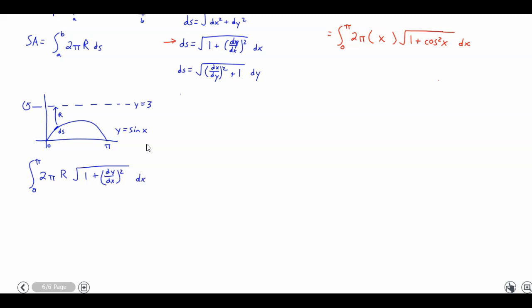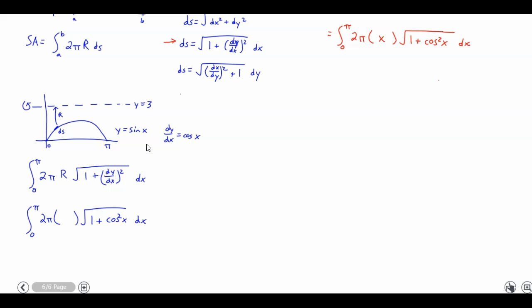All right, so that dy over dx I can replace with the same thing. Derivative is cosine x, so I'll just put that in. So we got integral 0 to pi, 2 pi. Again, I'm going to leave space for the r, and we'll get that 1 plus cosine quantity squared, so cosine squared x dx. All right.